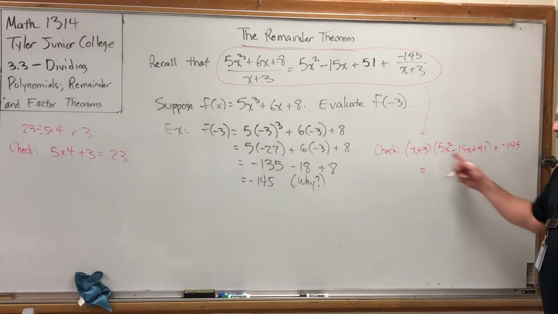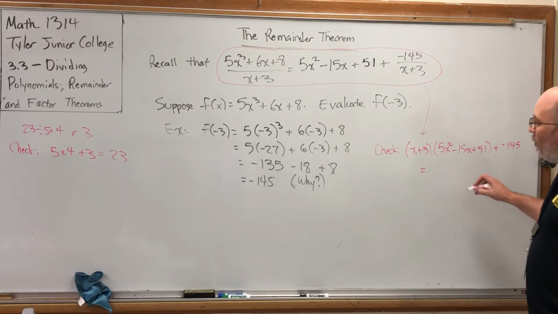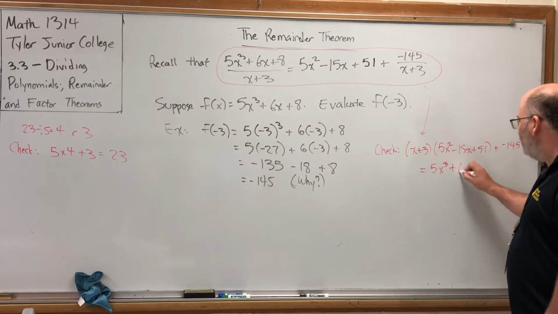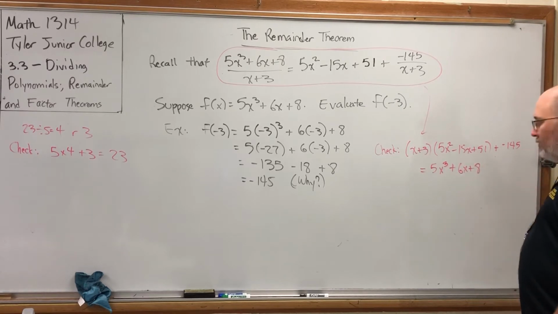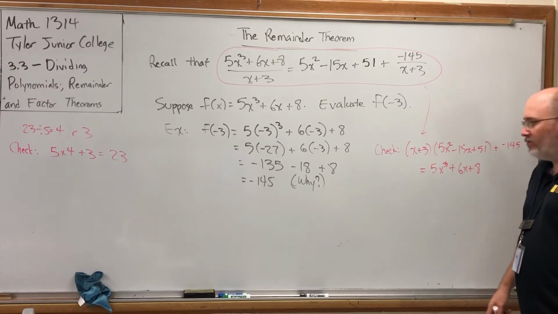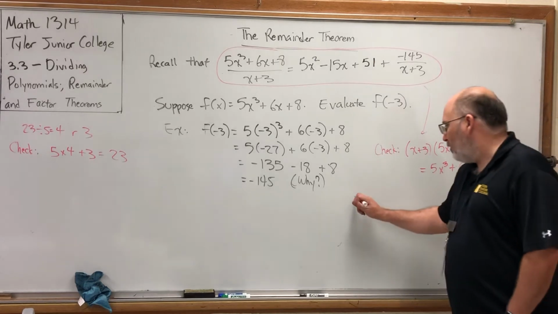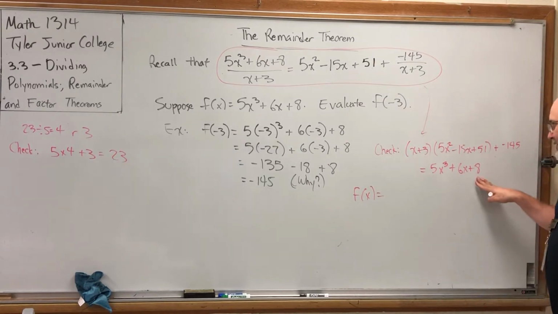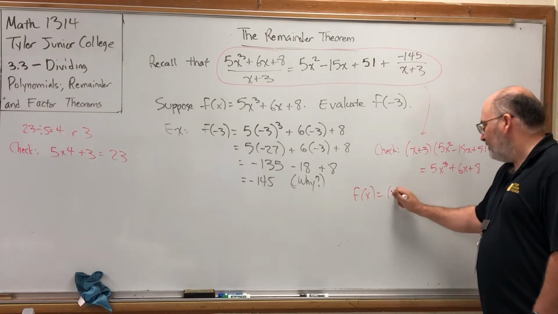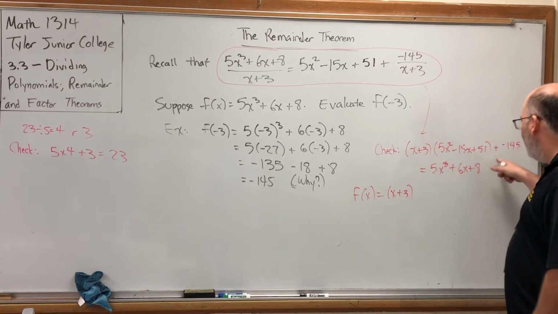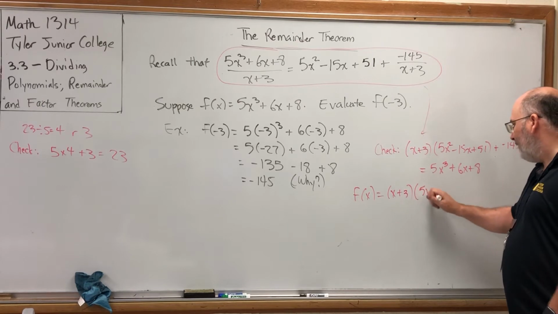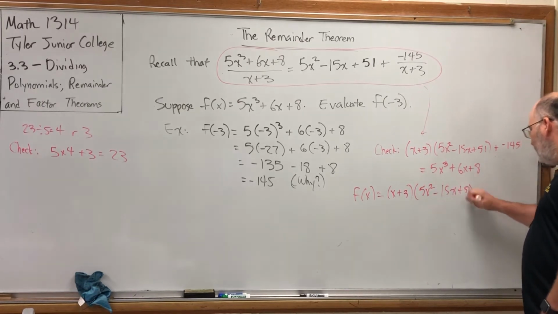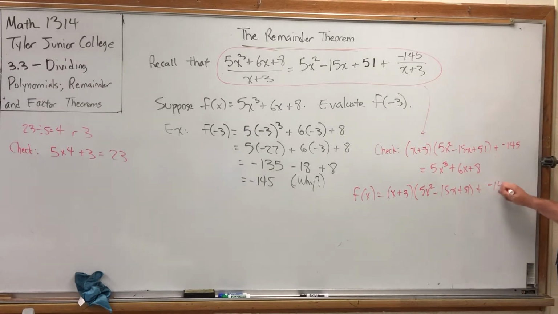Now, we would have to multiply all this out and gather like terms, but if you trust me, it will give us the dividend. But that's what we call the function. So in this problem, we can rewrite the function not as the dividend, but as the divisor, in this case x plus 3, times the quotient, in this case 5x squared minus 15x plus 51, plus the remainder, so plus negative 145.